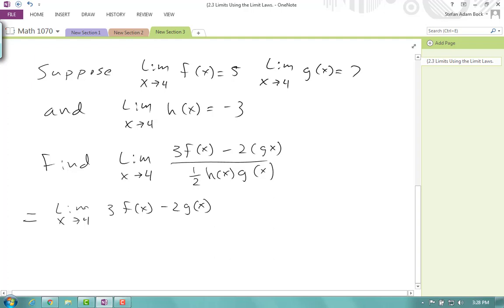Apparently I wrote that a little funny up here. Let's fix that. Much better. And down here is all divided by the limit as x goes to 4 of 1/2 h of x times g of x.